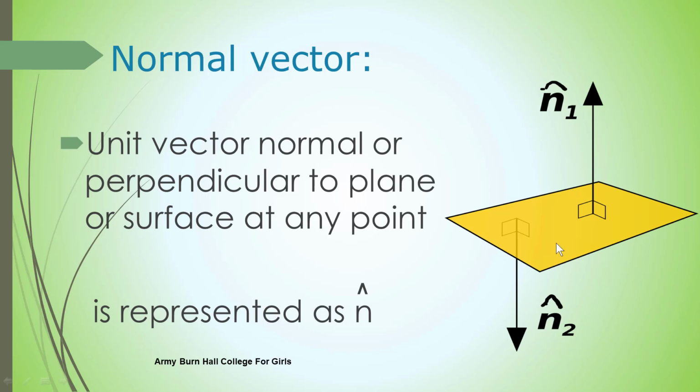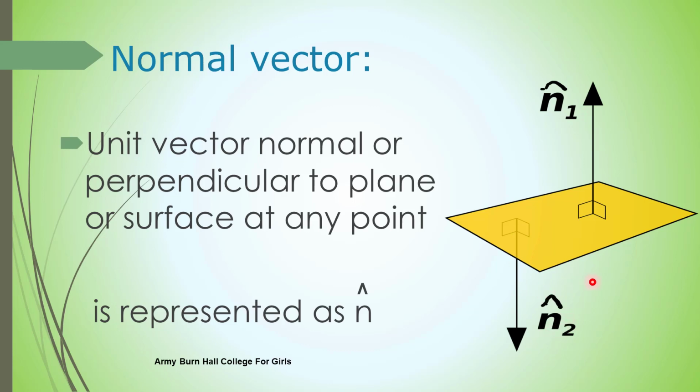A normal vector is again a unit vector, normal or perpendicular to a plane or surface at any point. It is represented as n hat. If we have a given surface and want to check the direction perpendicular to that surface, that vector is known as the normal vector. This direction normal to the given plane is represented by n1 hat, and this other perpendicular direction will be n2 hat.